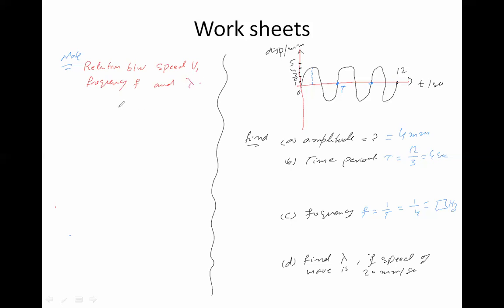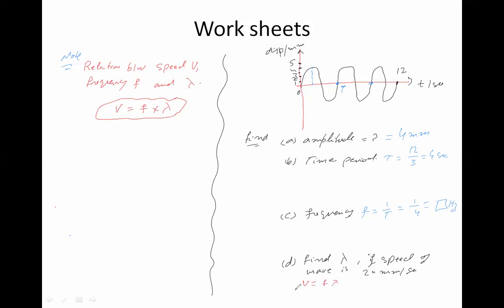V is always equal to frequency multiplied by the wavelength. That's the formula for your numericals: V equals F lambda, V equals F lambda.